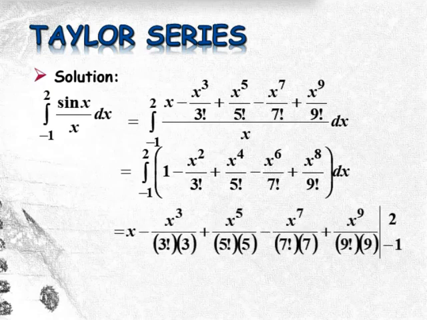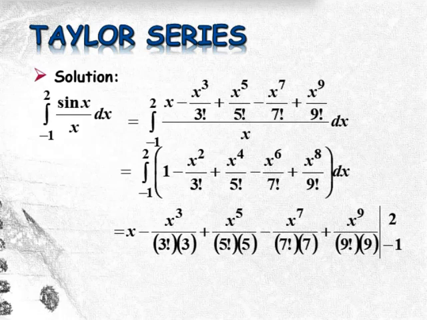And we will end up with x minus x cubed over 3 factorial times 3 plus x to the 5th over 5 factorial times 5 minus x to the 7th over 7 factorial times 7 plus x to the 9th over 9 factorial times 9. And then evaluate the expression from negative 1 to 2.